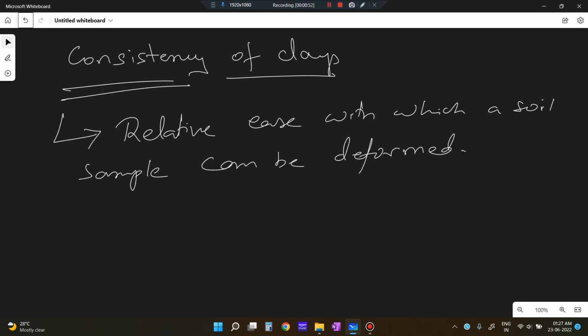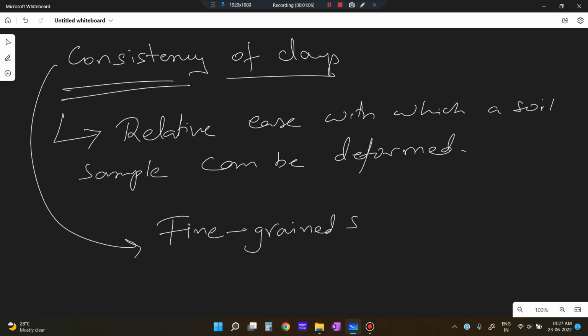This is a very important parameter and it is only associated with the fine grained soils, especially clays.